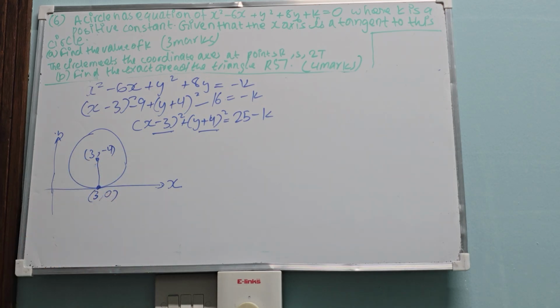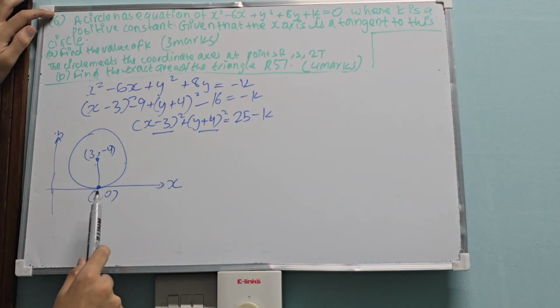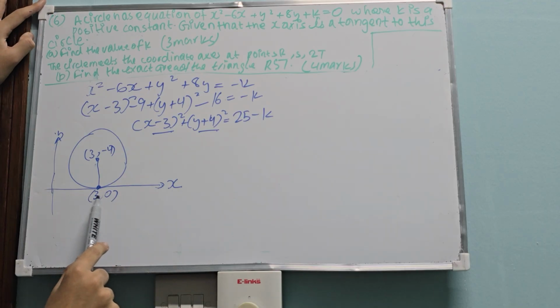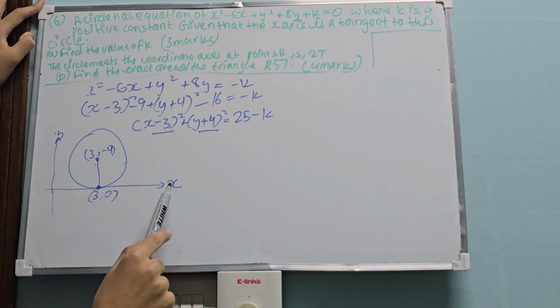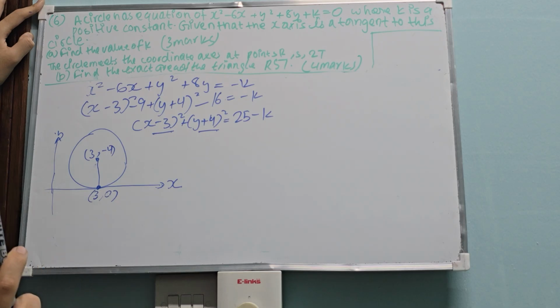So whenever the x-axis is a tangent and it touches the circle, you draw a diagram. Draw an x-axis. Remember the y is going to be 0, and that is the first information we got.